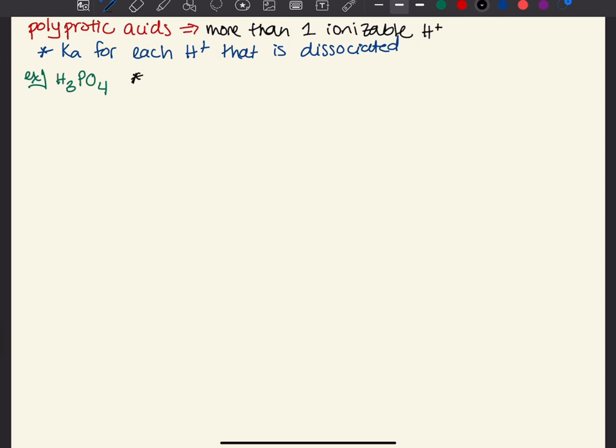How many ionizable protons do we have? And the answer is 3. That's because we have 3 hydrogens right here. So that also means that we're going to have 3 Ka values, one for each proton that is ionizable.